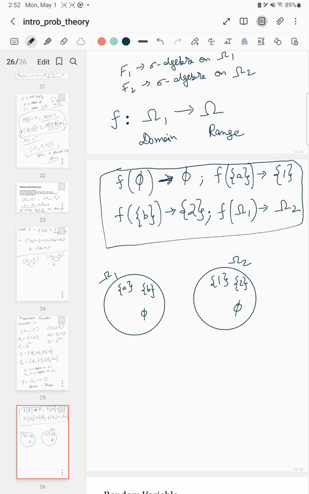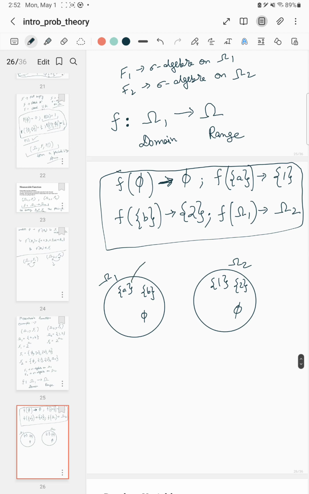Okay, so the function f points like this. For the set A in omega 1, it points to the set 1 in omega 2. For the set B in omega 1, it points to the set 2 in omega 2. F of A, f of B, and for the set phi, it points to the null set in omega 2.